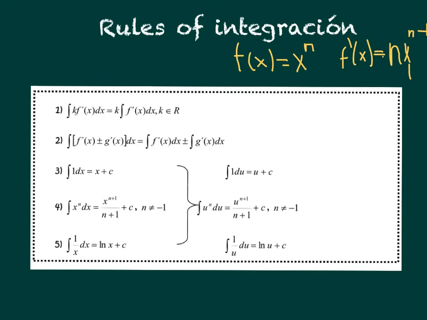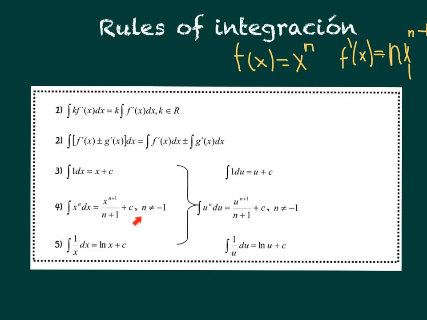And we're going to divide by n plus 1 instead of multiplying, because we're doing the opposite operation. So the integral of x to the n times dx equals x to the n plus 1 over n plus 1, which was the primitive or the original exponent of the function.